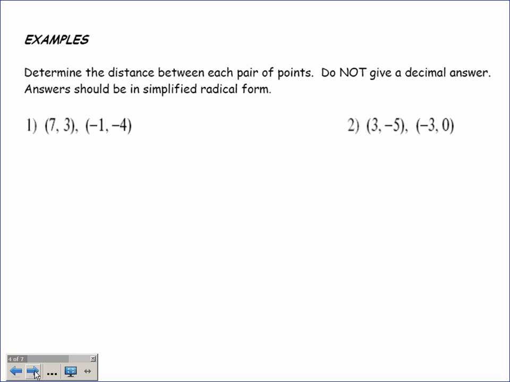Why don't you go ahead and write on the back as well: distance equals, and just write out that formula really fast. In parentheses, you're changing your x's, x2 minus x1, squared. You're going to add to that the change in your y, so y2 minus y1, squared.